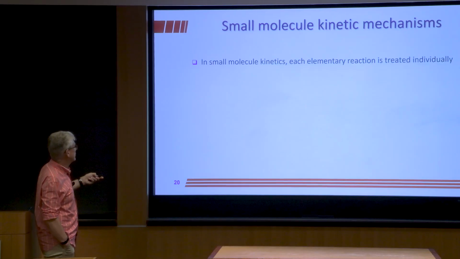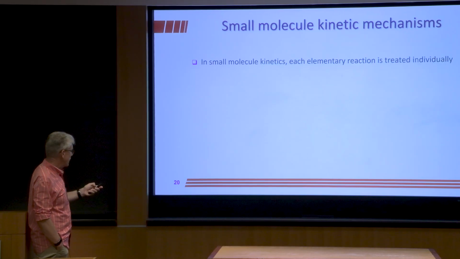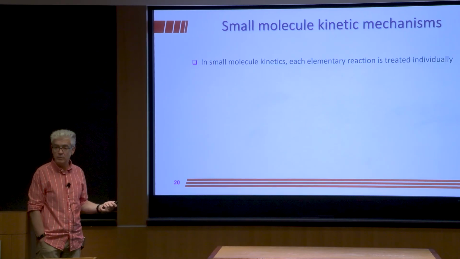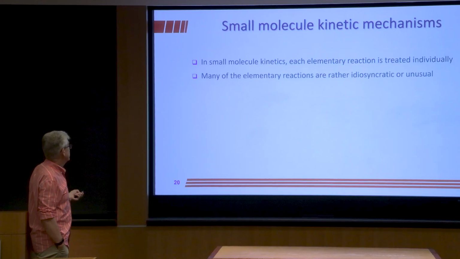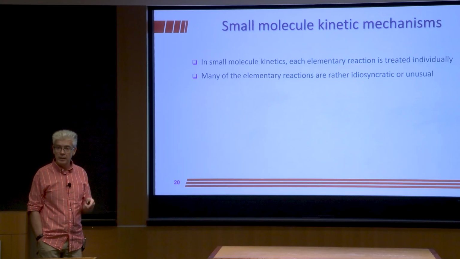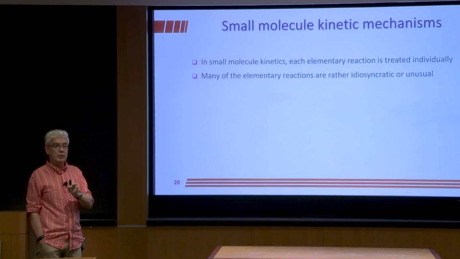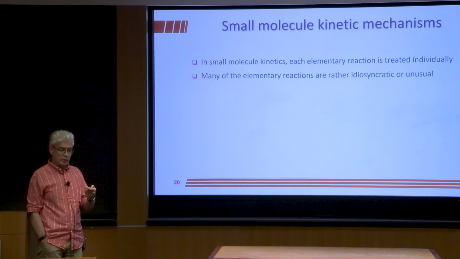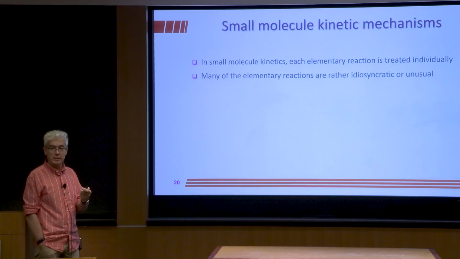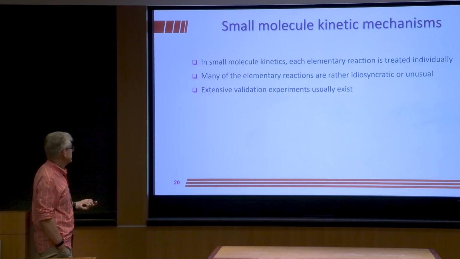So in small molecule kinetics, each elementary reaction is treated individually. Typically, many of the elementary reactions are rather idiosyncratic or unusual. They have a temperature curvature. Sometimes we have to put in duplicates to describe the rate constant, and so on.